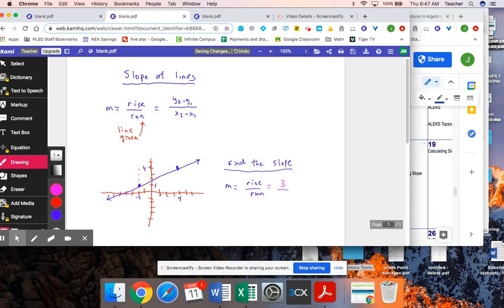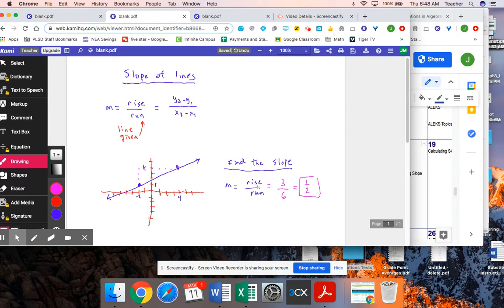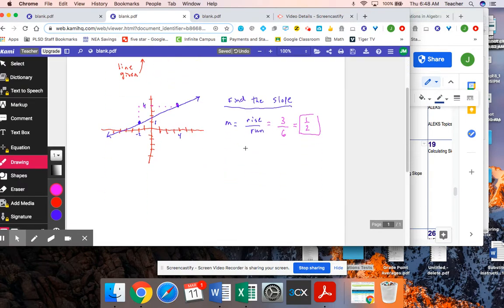And then run is the left or right. So I'm going to have to go to the right, so it'd be positive 1, 2, 3, 4, 5, 6 units. 6 units. Now that's 3 over 6, which can be reduced to 1/2. And so I would say that the slope of this line is 1/2. All right, so that's how we use rise over run to find the slope if given a line.